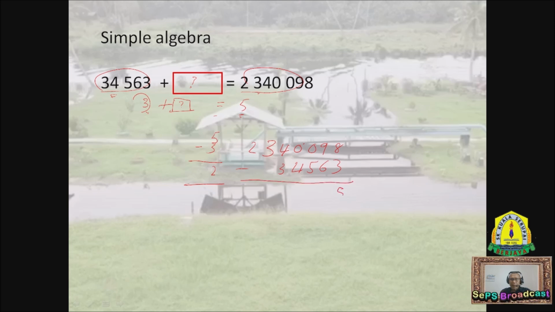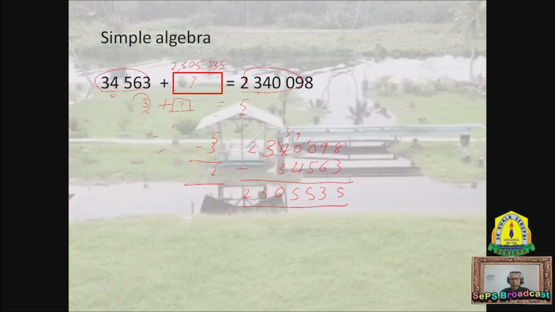This one is 5, this one is 3, this one is 9, this one is 5, this one is 5, this one is 0, this one is 3, this one is 2. So your answer that you need to put inside the blank is 2,305,535.